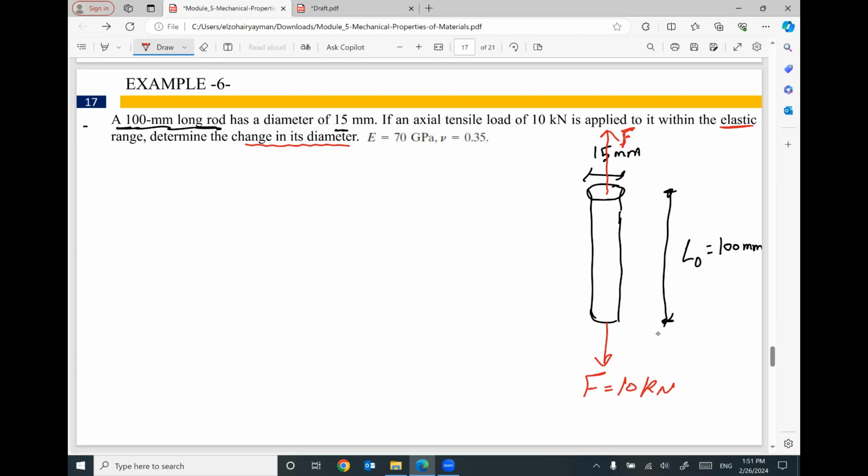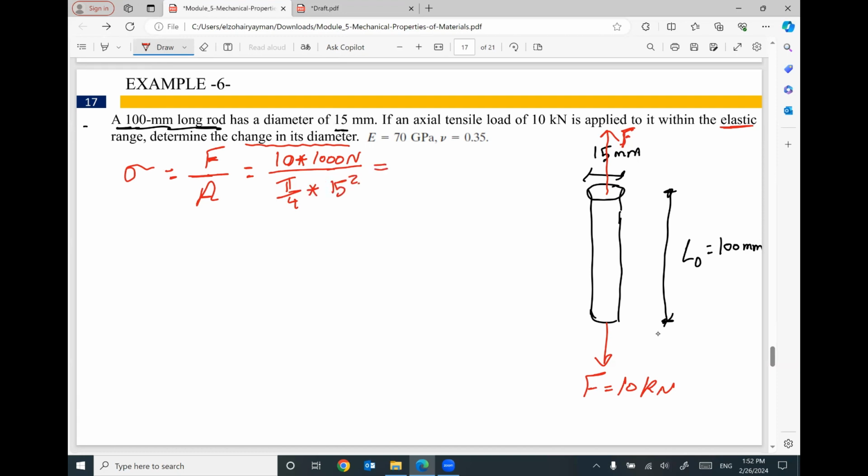That's fine. Keep in your mind, this force, if you divide this force by the cross-section area, you will get the stress in the rod. So this stress will equal the applied force 10 kilonewton, I will multiply it by 1000 to be in Newton, and divided it by the area of the cross section, pi divided by 4 times diameter 15 square.